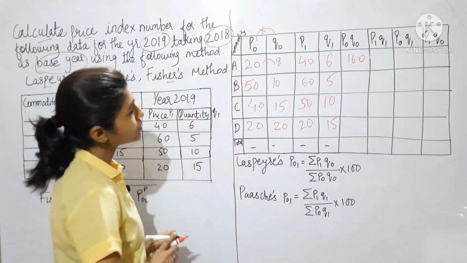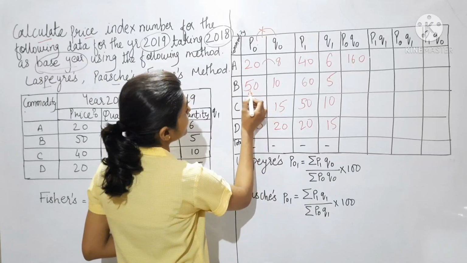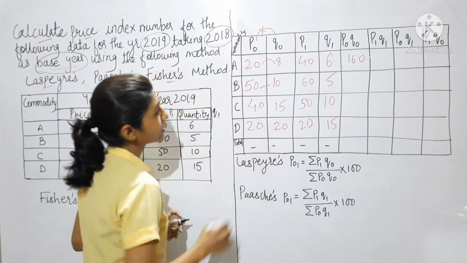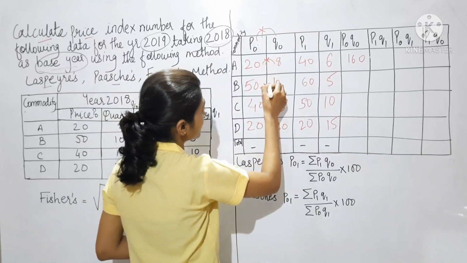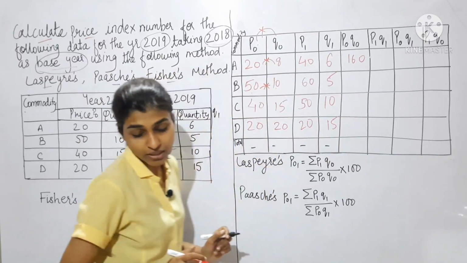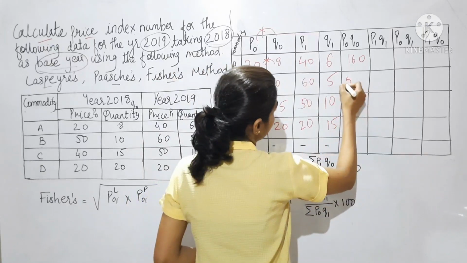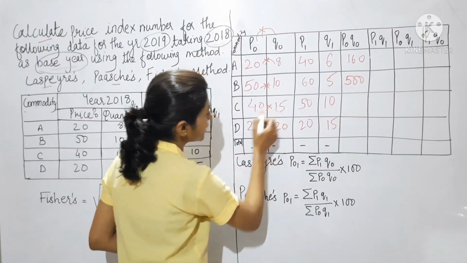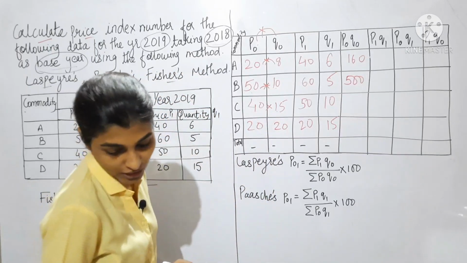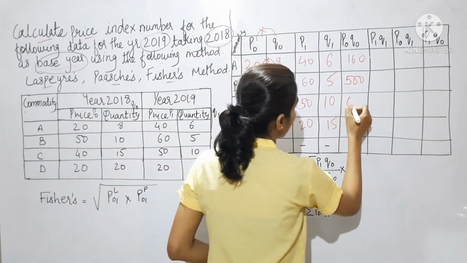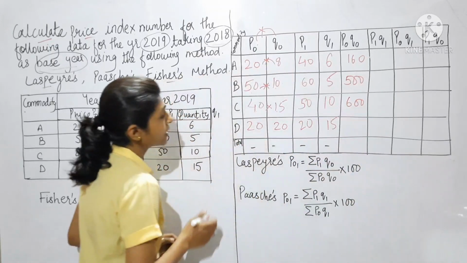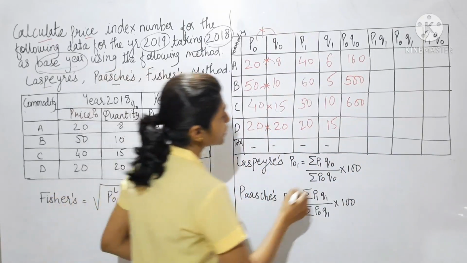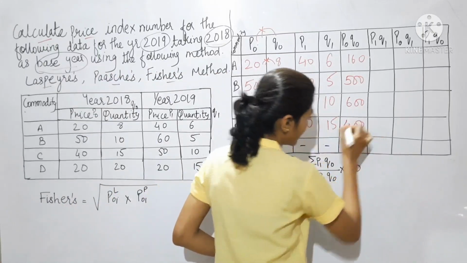Clear? Next, for commodity B, multiply 5 into 10. What do you get? 500. Then next, 40 into 50, the answer is 600. Next, 20 into 20, you get 400.